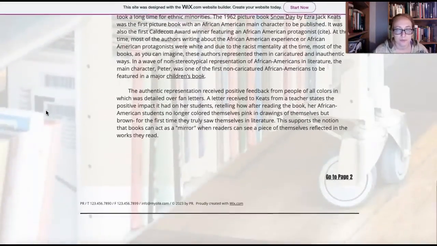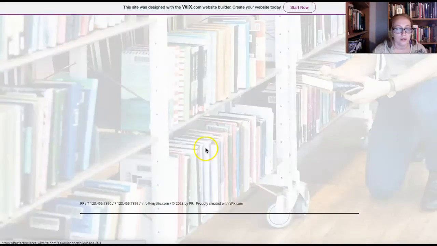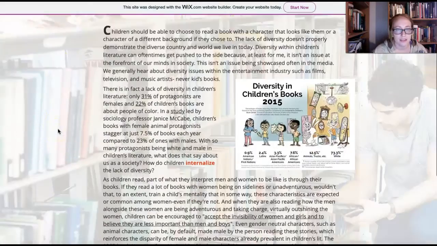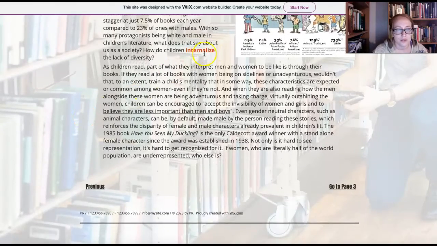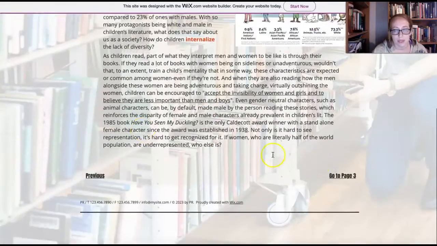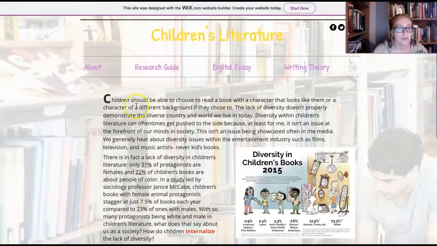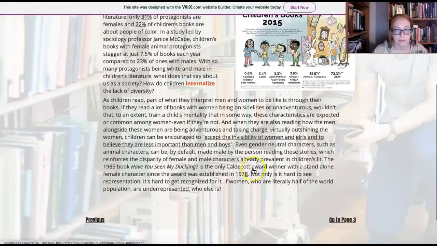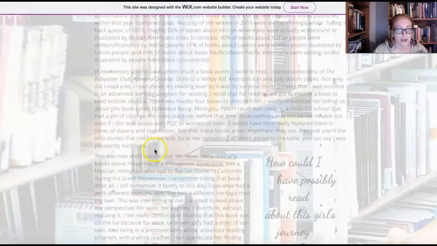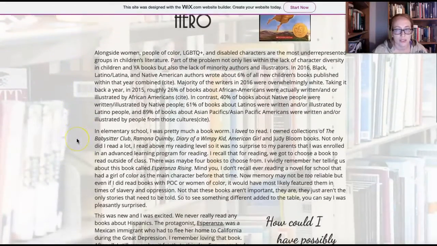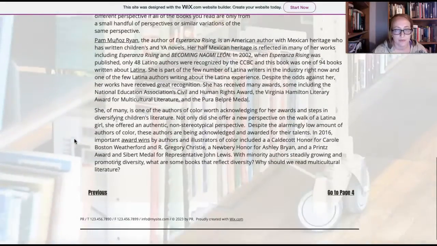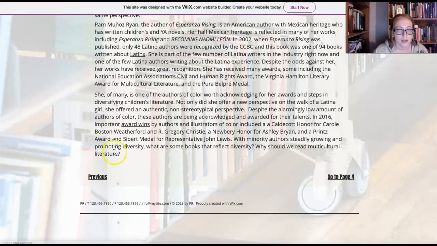Go to the next page of the essay. She used fonts and spacing and images, played with some different things to draw your attention to certain places. Definitely has that book feel.